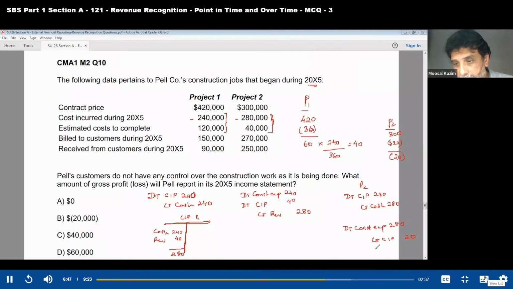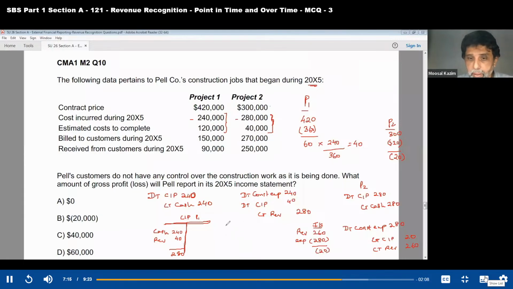And the balancing figure would be the construction revenue, which will be 260. So in other words, the income statement would look something like this. Revenue 260, expense 280, and you have a loss of 20, which you are recognizing in full.